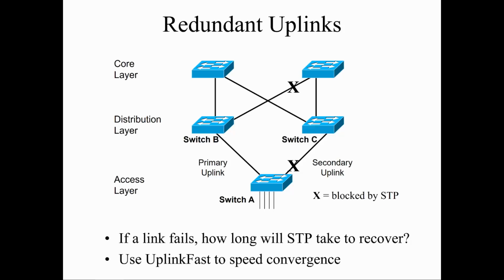Normally people turn STP on, if they even turn it on, and then they walk away. But you have to understand how STP works so that you don't start disabling links that are important. So be careful when it comes to STP. Don't just turn it on and walk away. Make sure you understand what links are going down and understand why.